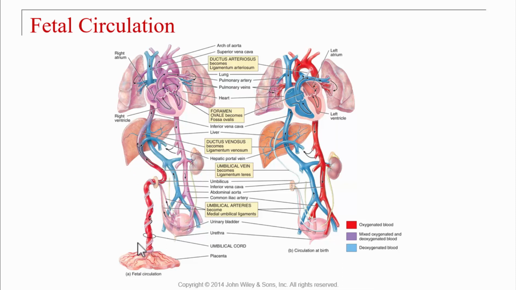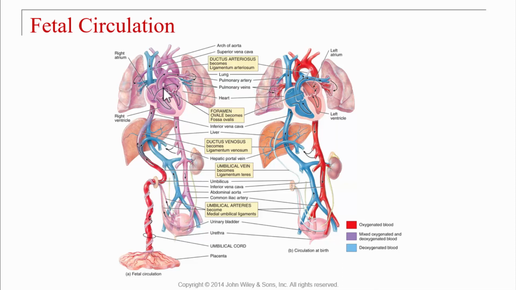So we have the umbilical vein going toward the heart, and we have this thing here that's called the ductus venosus. And that's going to dump blood into the inferior vena cava. So blood from the superior and inferior vena cava is going to go into the right atrium. Now here's the thing. From the right atrium, blood goes into the right ventricle, and then off to the lungs.